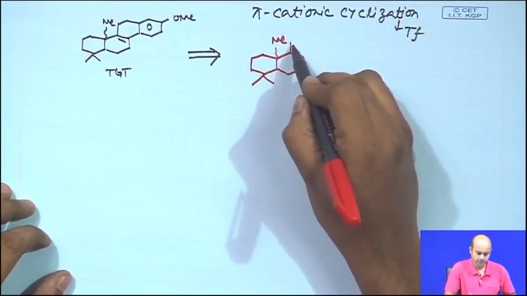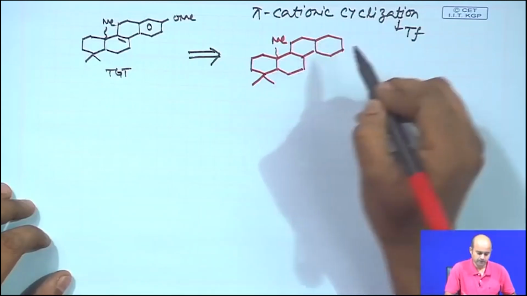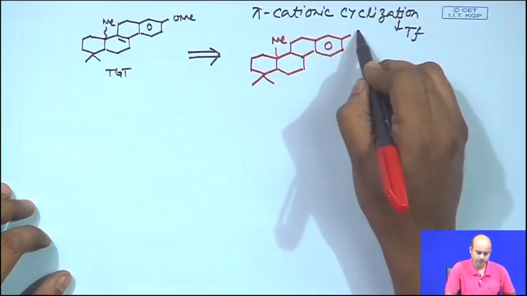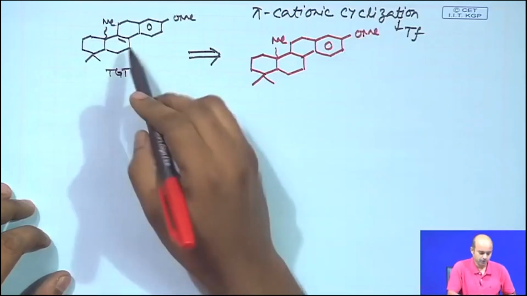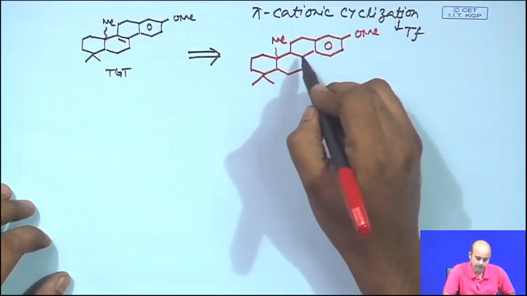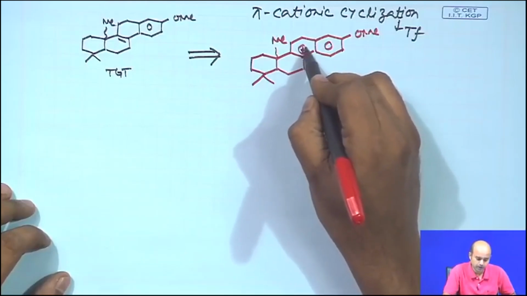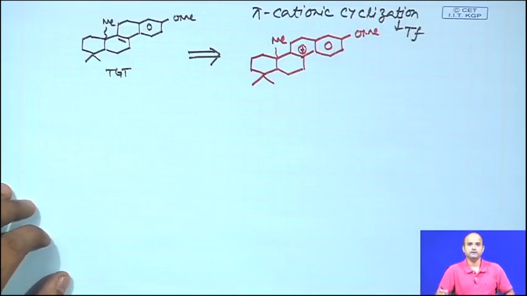On the right hand side you have an O-methoxy here. We did not put the double bond here. We say that this double bond will be generated from a 1,2-elimination of a carbocationic species, something like this.